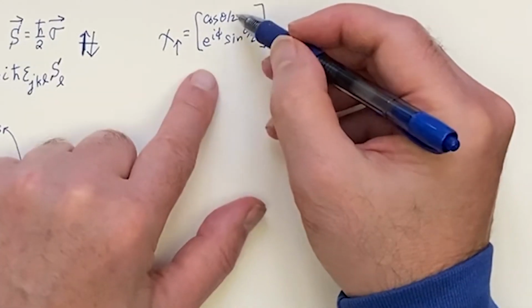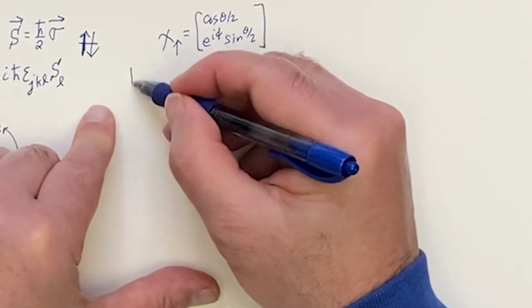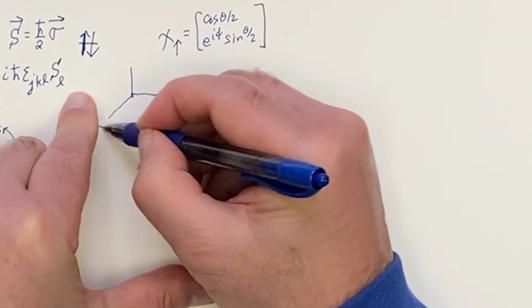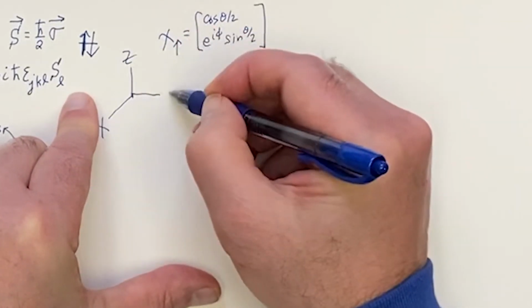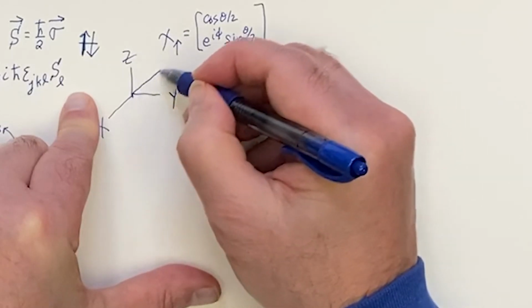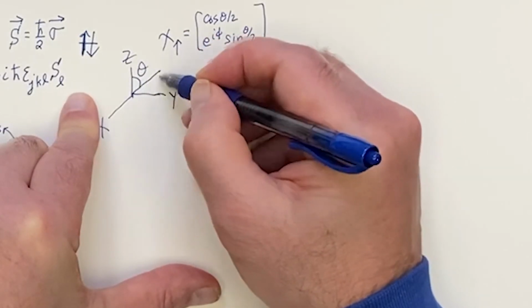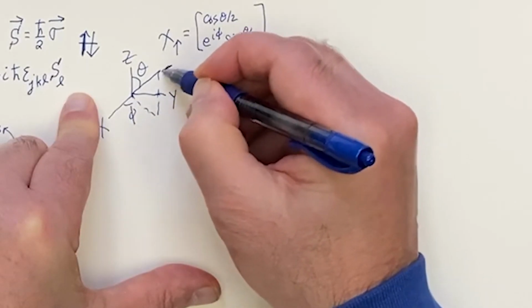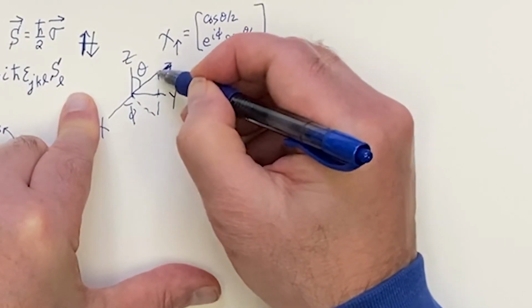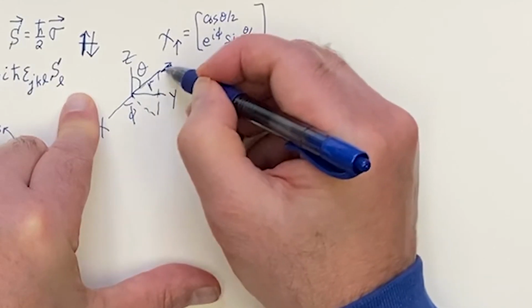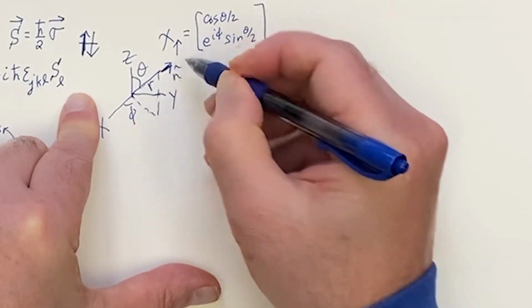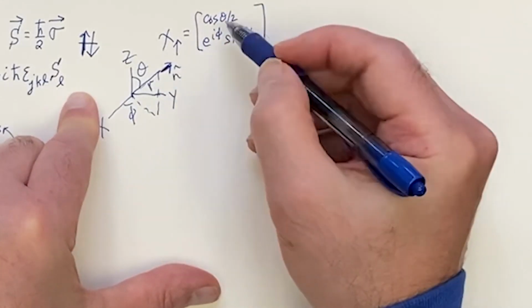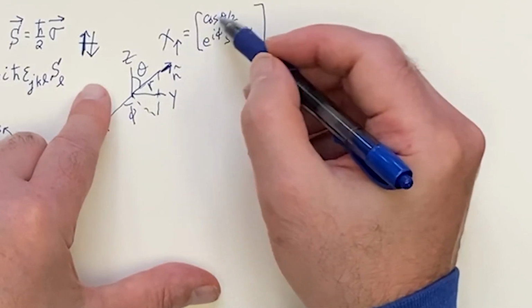What this is saying is that, remember, we did this for some general direction, say set theta, and here we have our phi. So in this direction, if we're spin up along this direction, this top part here gives you the probability.